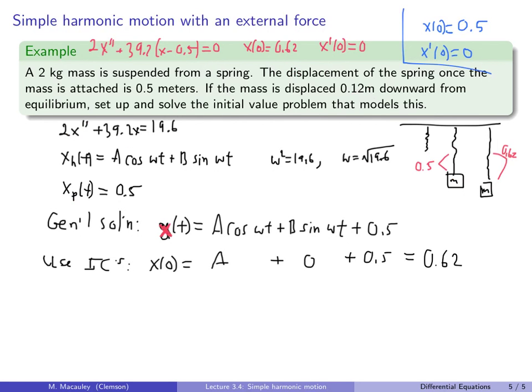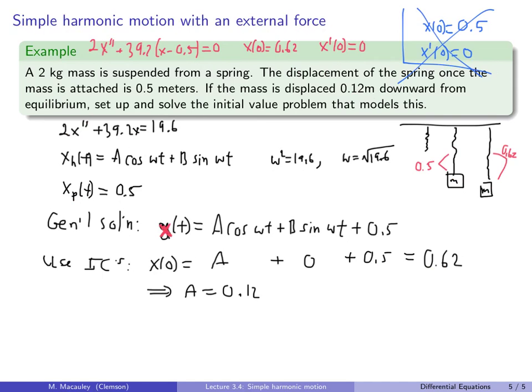I'm going to take the time now to cross this out because I don't want that to be a distraction. Those were not our original initial conditions. So that means A is 0.12. A is 0.62 minus 0.5.